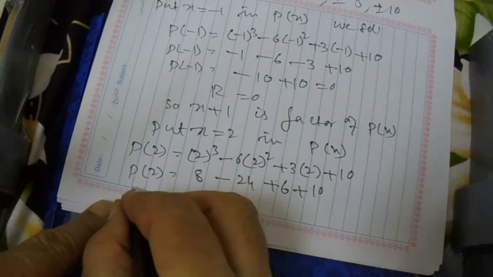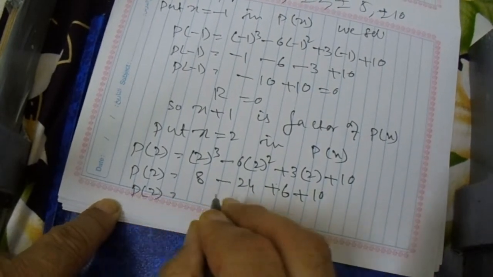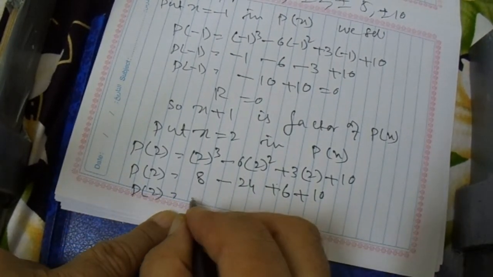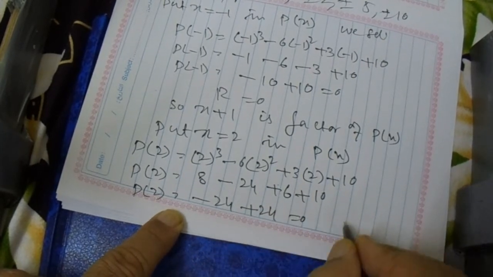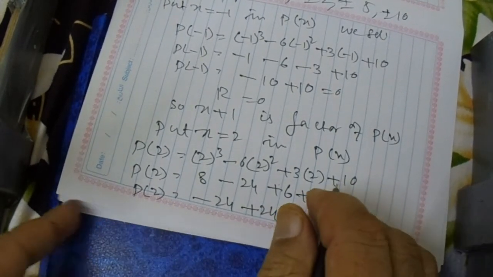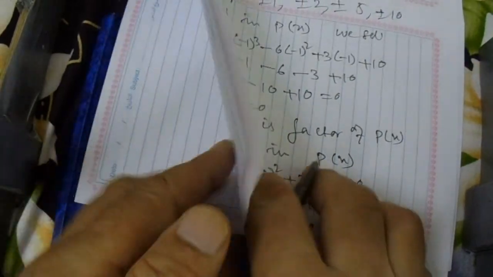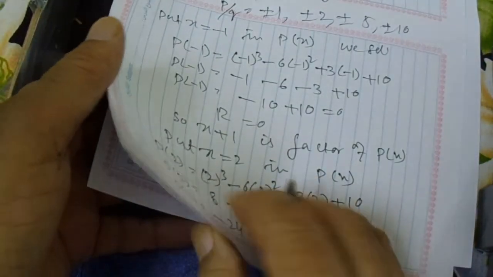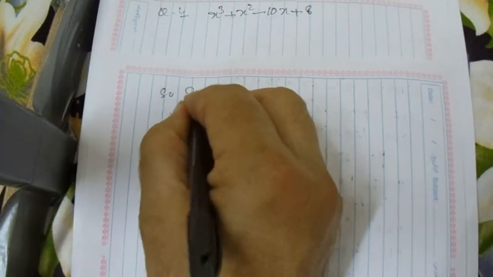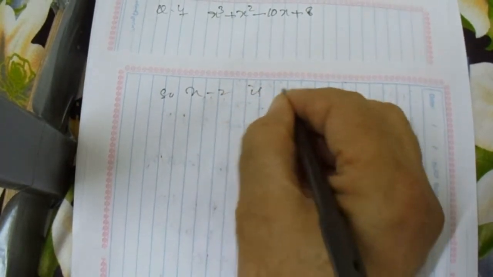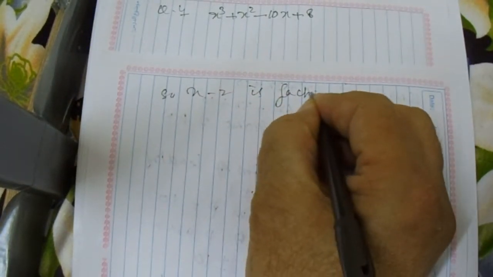Here also P(2) is equal to minus 24 plus 24 is equal to 0. Here remainder is equal to 0. So x minus 2 is the factor of P(x).